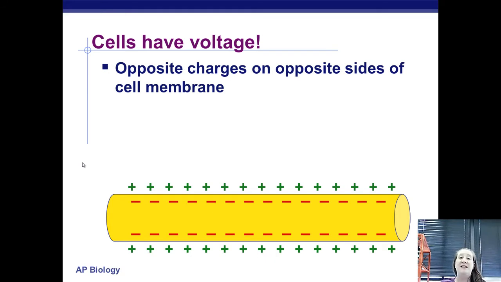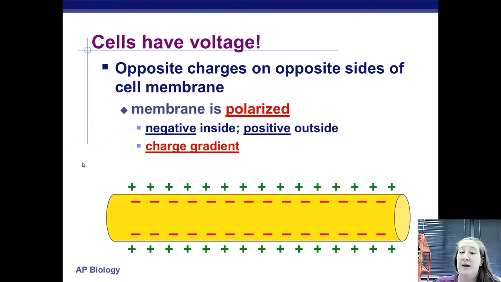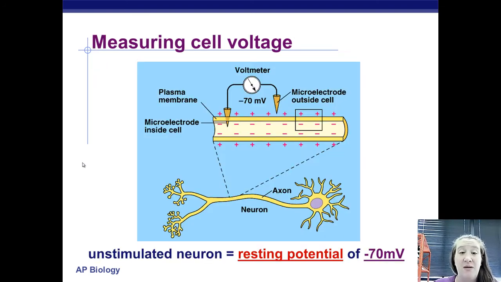So because the inside of the cell is usually negative and the outside of the cell is usually positive, there's this difference in charge across the membrane. The membrane is said to be polarized, negative inside, positive outside, and this charge gradient literally stores energy like a battery would store energy. Okay, so your cells have an actual voltage to them that can be measured.